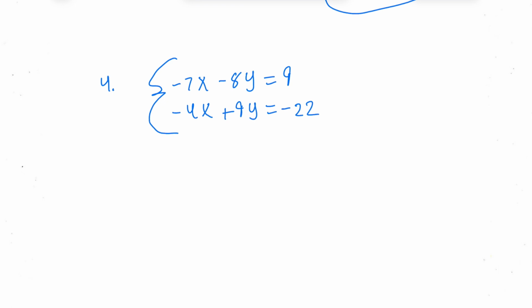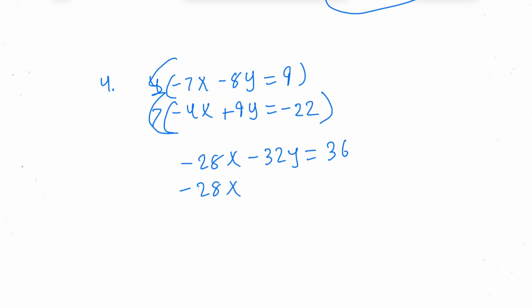So the top one multiplied by 4 is going to give us negative 28x, negative 32y, and that's all equal to 36. And the bottom equation multiplied by 7 will give us negative 28x plus 63y is equal to negative 154, because it's a negative 22.